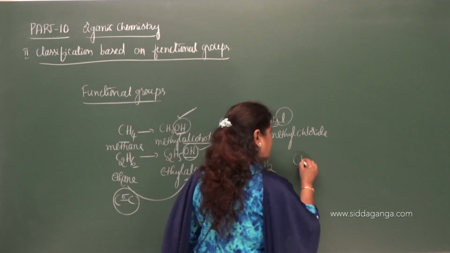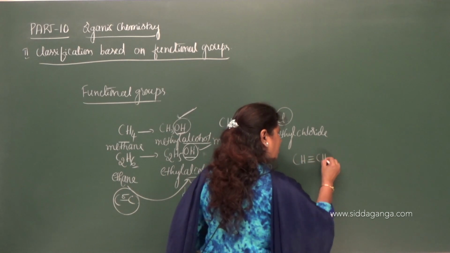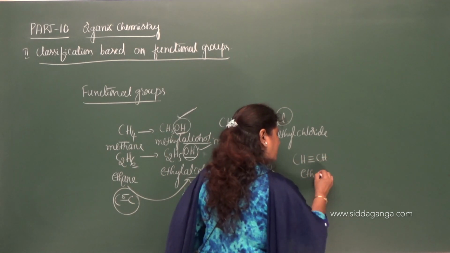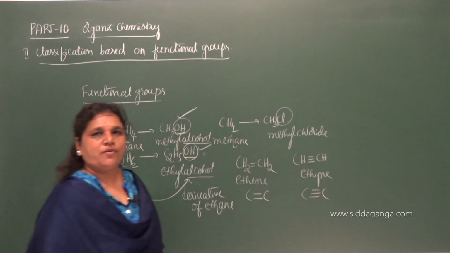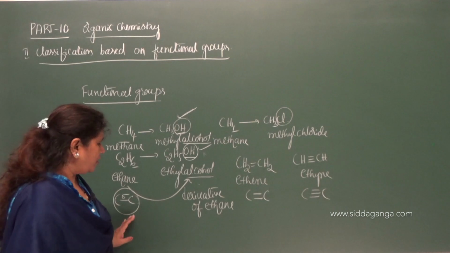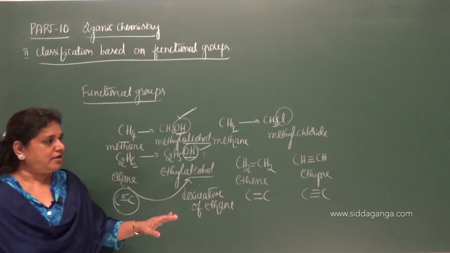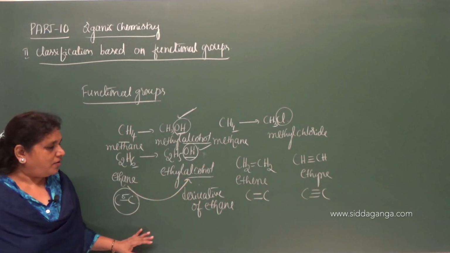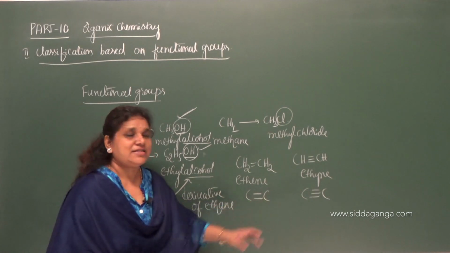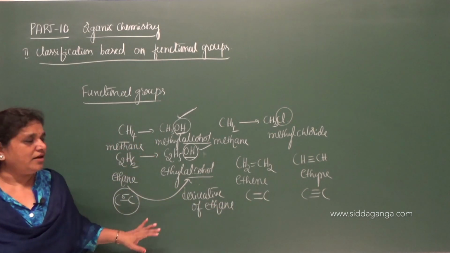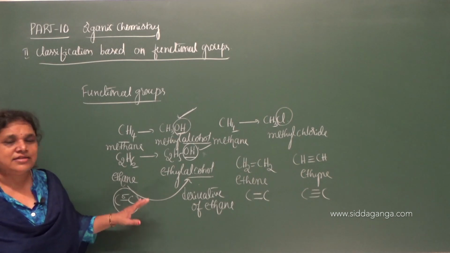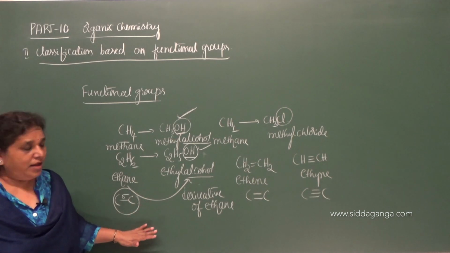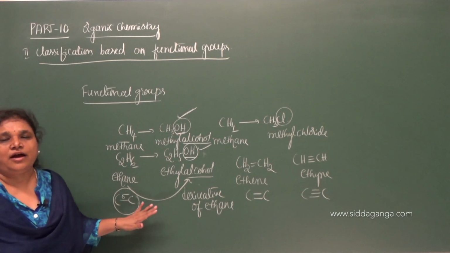And at the same time, if you move on to ethyne, another compound, here we have a carbon to carbon triple bond. So the properties of ethane, ethene and ethyne are different because they are determined on the basis of the nature of the bond between the carbon atoms. So the properties of alkanes, alkenes and alkynes depend on the nature of the bond between the carbon atoms.